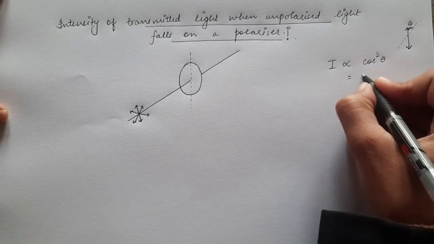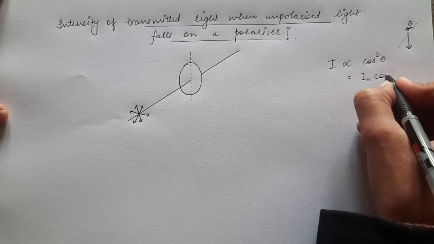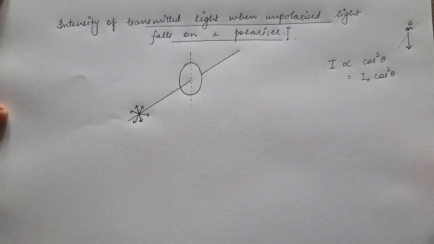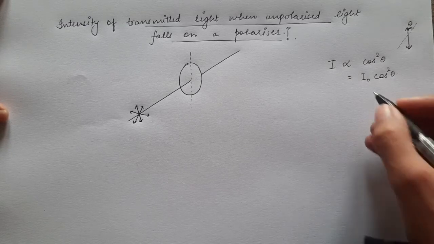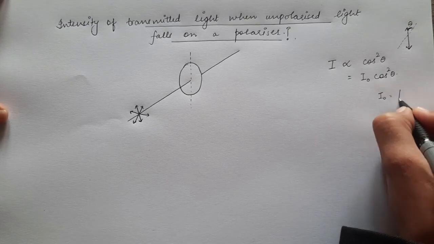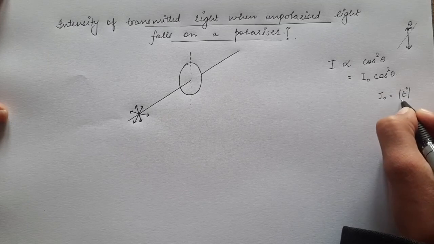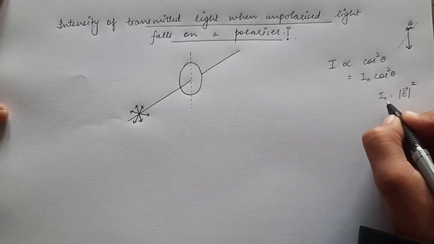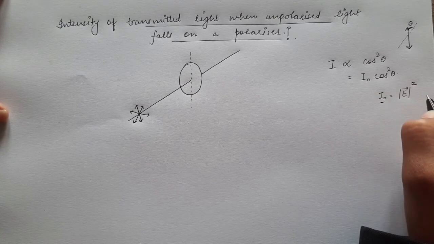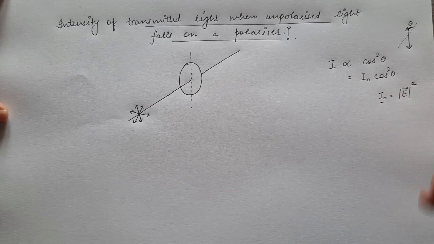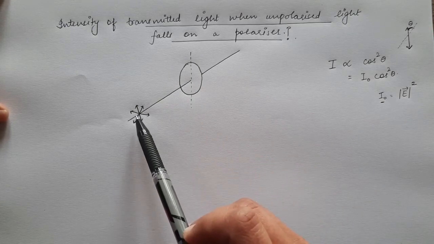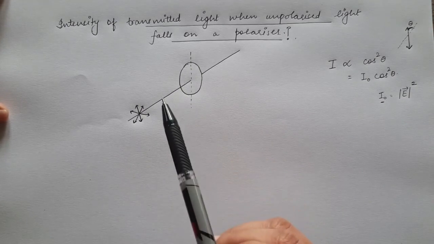The net intensity is I0 into cos square theta, where I0 is the maximum intensity of the transmitted light which can be passed through the polarizer, and I0 is simply equal to the magnitude of the electric field of the incident light, squared. So this is the maximum value of the intensity that can be passed through the polarizer. Now what we are going to discuss is what is the intensity when unpolarized light falls on a polarizer.